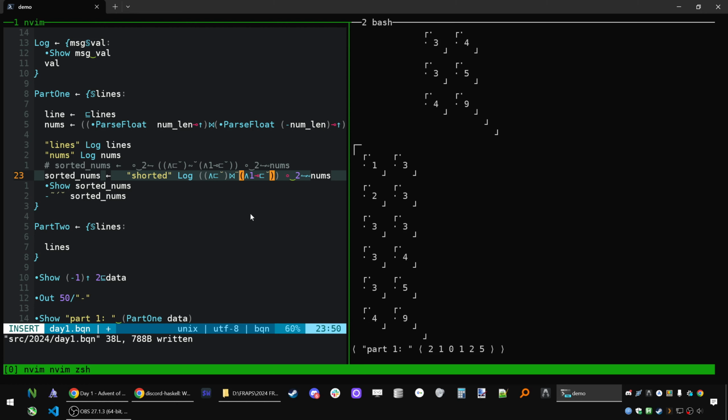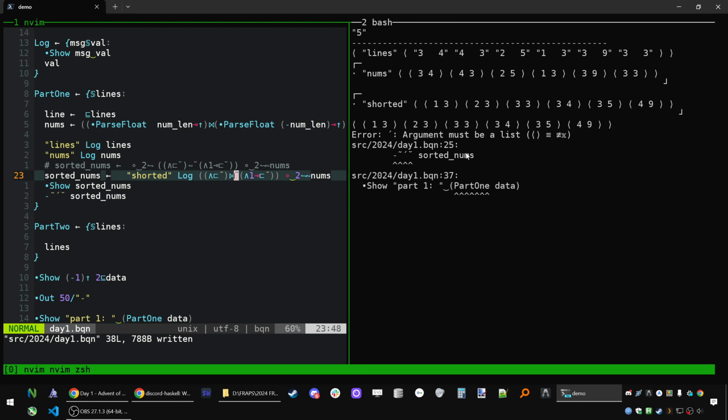We're not sorting them in this example version. So we had our pairs of 3 4, 4 3, 2 4, right? But when we flatten them, we're not flattening only the left ones and then only the right ones. We want to join them together. Why does this look different? Oh no.